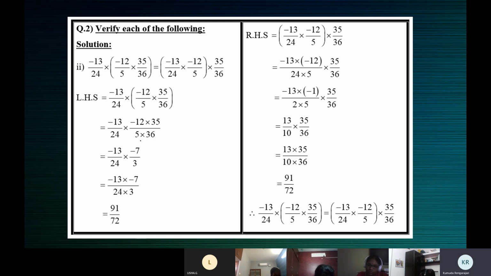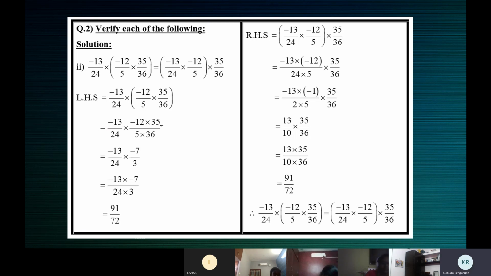So children, now don't wonder how suddenly after this she's writing minus 7 by 3. I can't show that cancelling and all that. So 12 ones are 12, threes are, 5 ones are 5, sevens are. You should show all this. So now minus 1 into 7 is minus 7 and 1 into 3 is 3. Simplification, that I cannot show while typing.